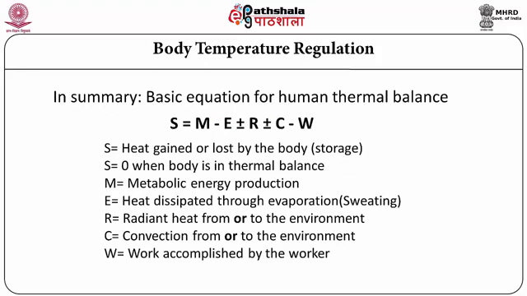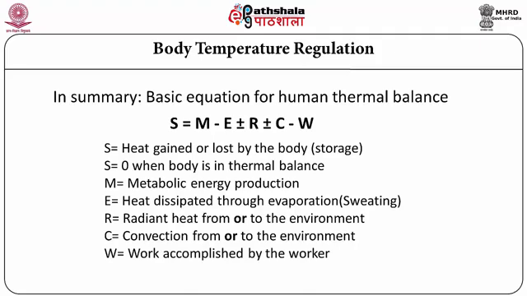Finally, in summary, I will explain the basic equation of how thermal balance takes place. Here I am expressing M for metabolic energy production, E for heat dissipated through evaporation or sweating, the radiative heat exchange from or to the environment, convective heat exchange from or to the environment, and the work performed by the worker.